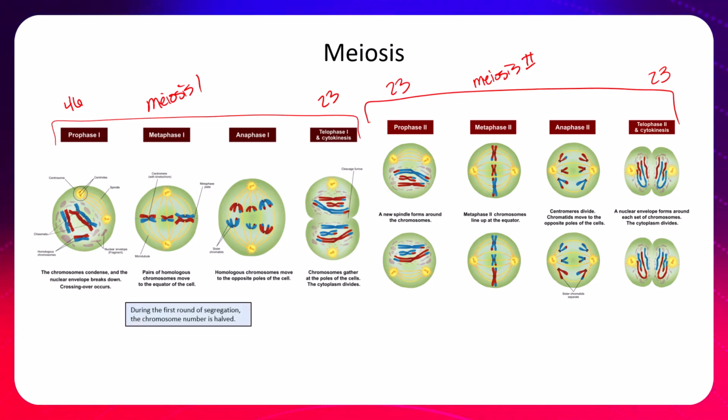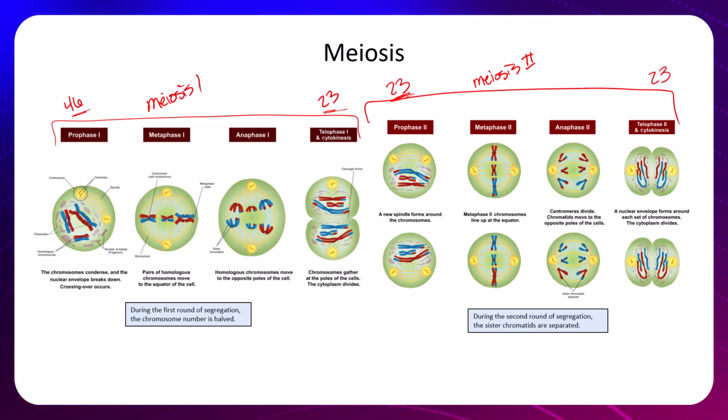So during the first round of segregation, the chromosome number is halved. We go from 46 to 23 replicated, duplicated chromosomes. And then in meiosis 2, we take the sister chromatids, which are still in their X form, and separate them into 23 half chromosomes to finish out this meiotic division.